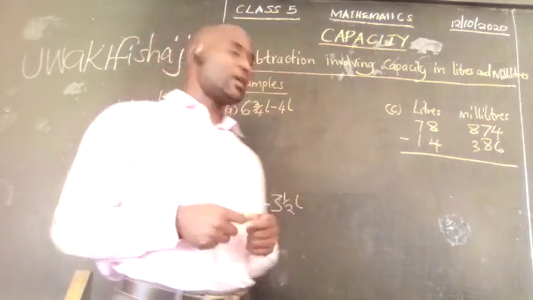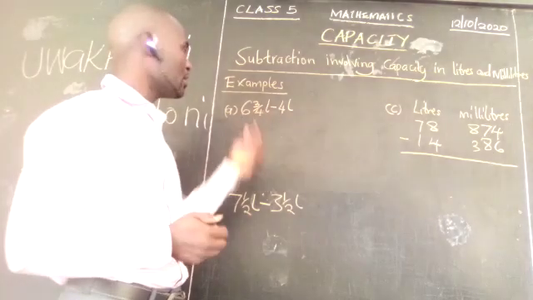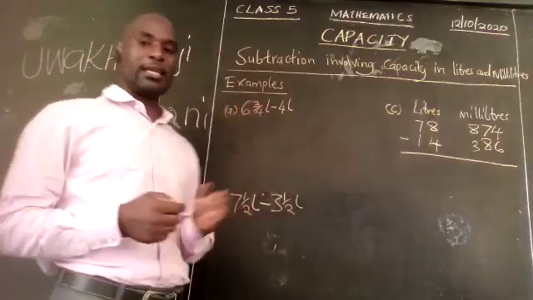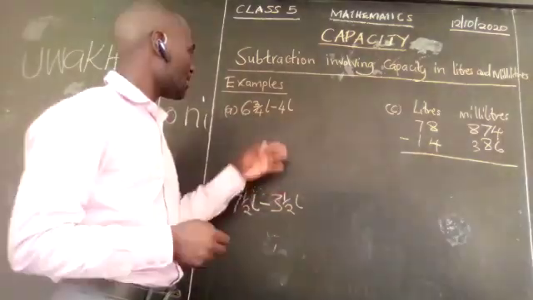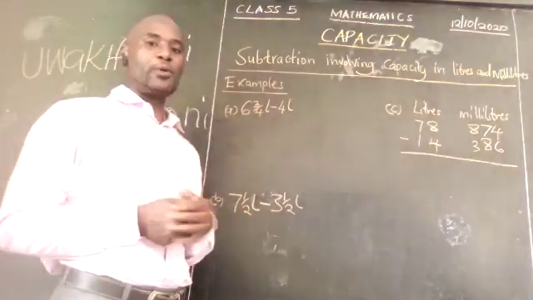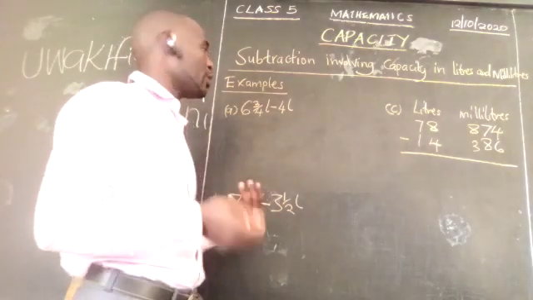Now, let us look at our first example here. Here I'm having 6 3/4 liters, subtract 4 liters. So here we have a whole number and a fraction. So what shall we do?